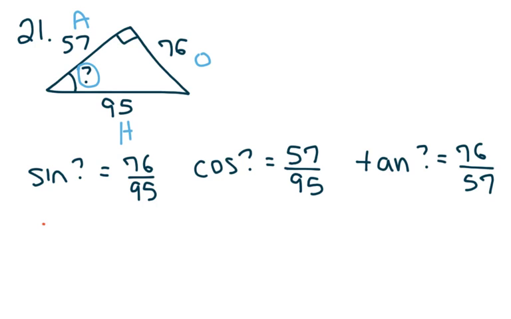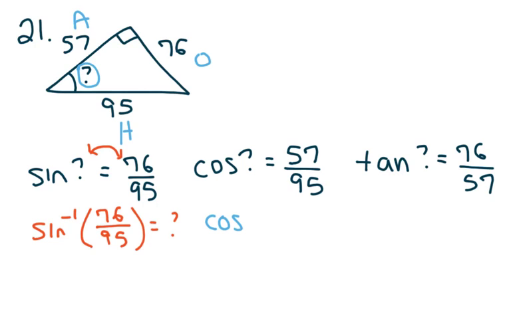Alright, so when you punch these in your calculator, let's go ahead and take the inverse. And remember, when we take the inverse, the inputs and the outputs switch. So if you notice, these two things switch places. There's cosine, those switch places, and tangent.